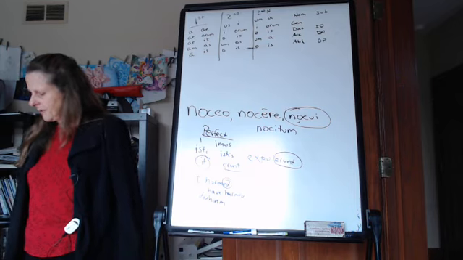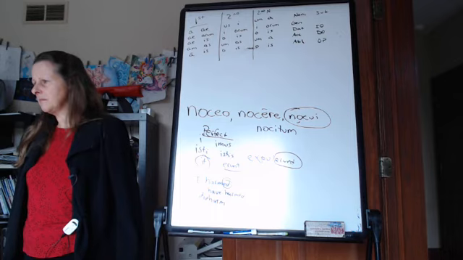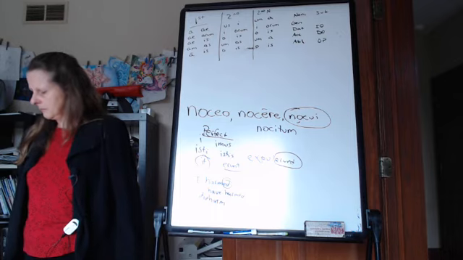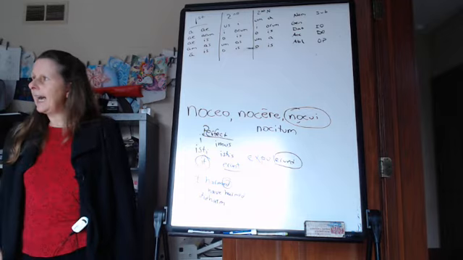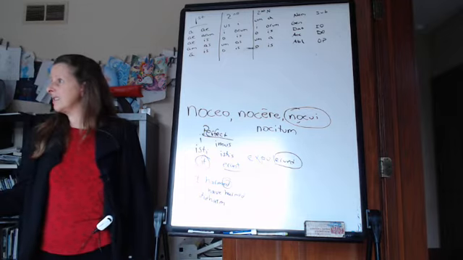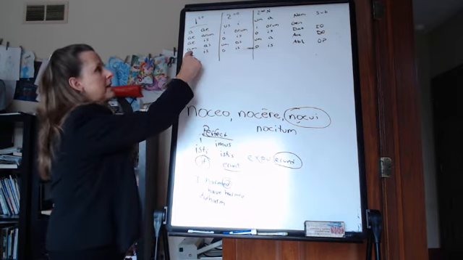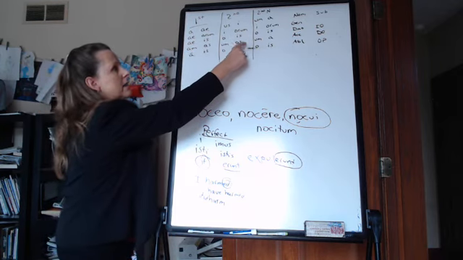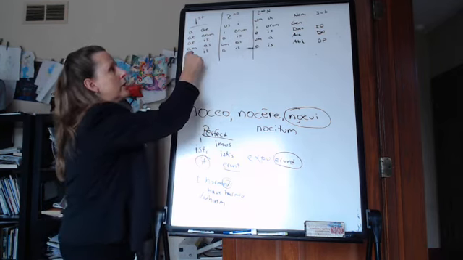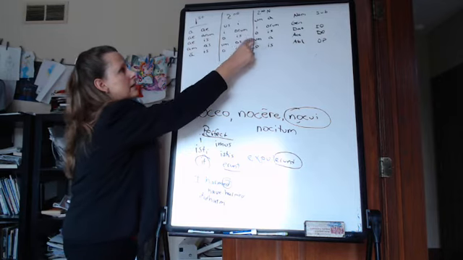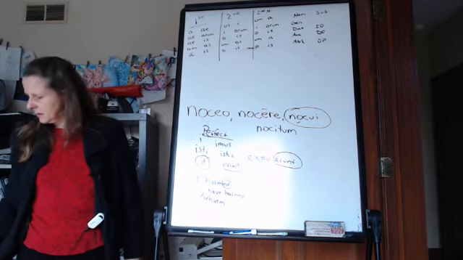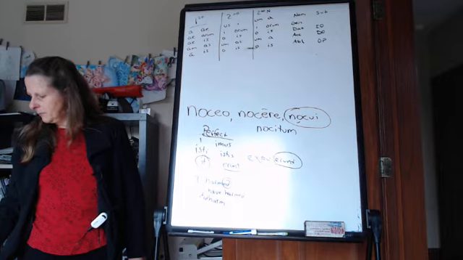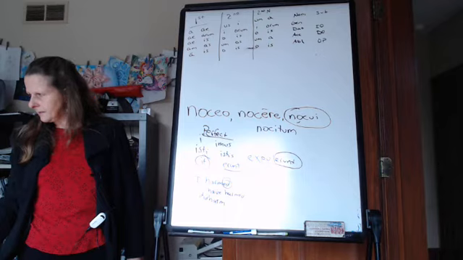And then we have to ask ourselves, who did they drive out? Now we need a direct object. It's going to be accusative. It's going to end in one of these endings. Is there a word that ends in one of these endings between angry Romans and drove out? So look at the Latin.